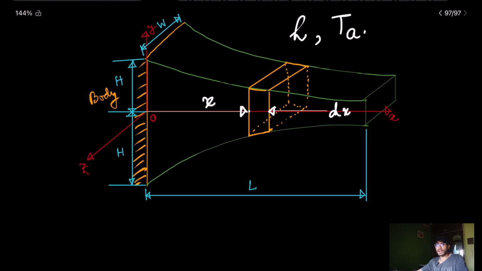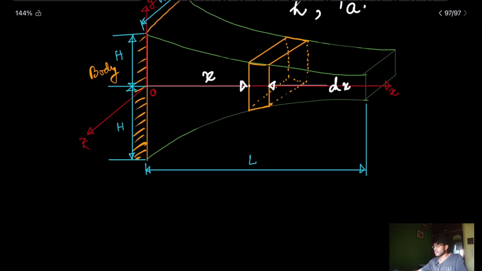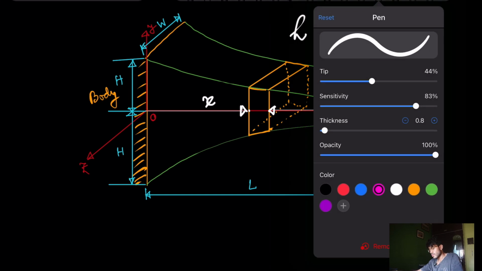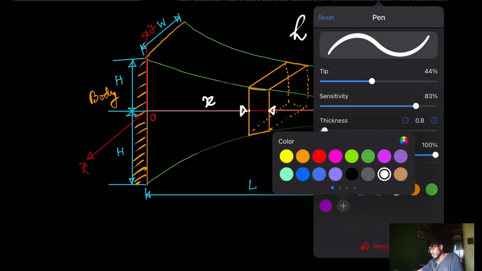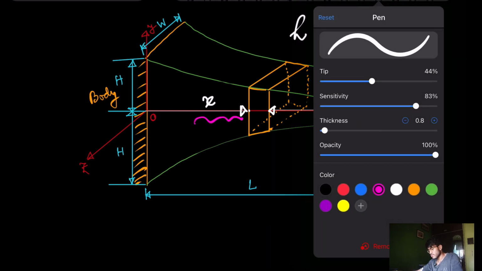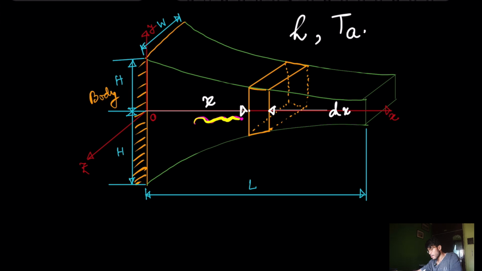So if I take this control volume, what will be the energy interactions? Let us plot that. Here I will have q dot x, and from this face q dot x plus delta x.